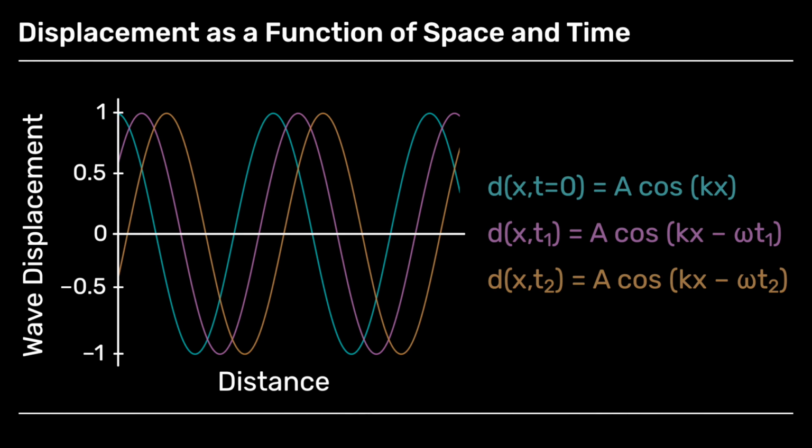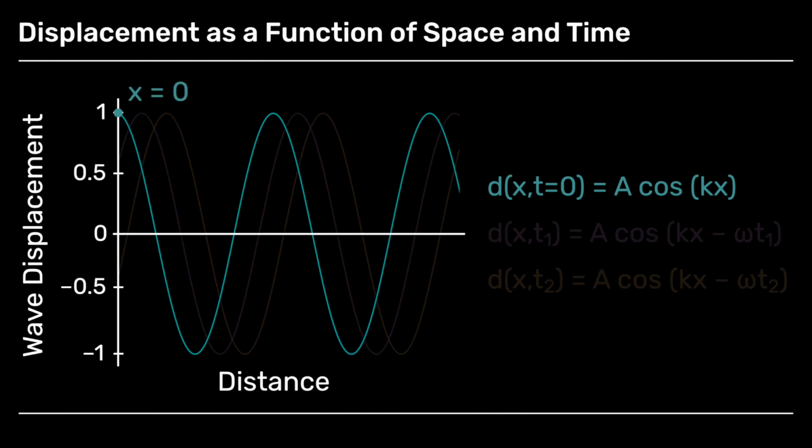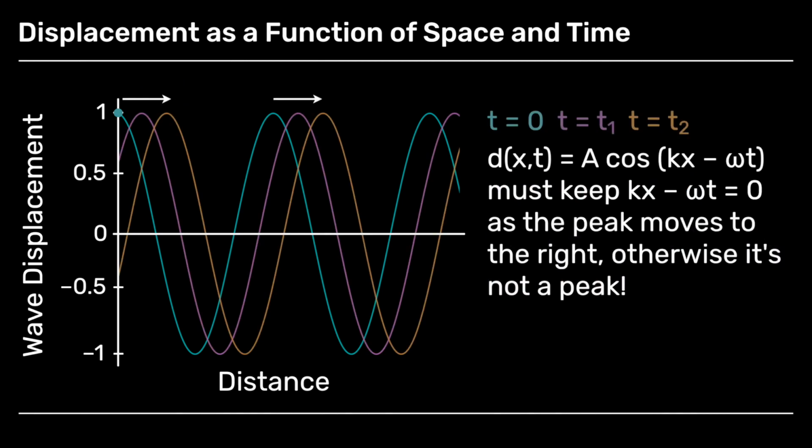Let's look at the second example, cosine of kx minus omega t, and let's start at x equals t equals 0. This is clearly a peak. Now, as it moves, this peak must always keep the combination kx minus omega t equal to 0, or it wouldn't be a peak.